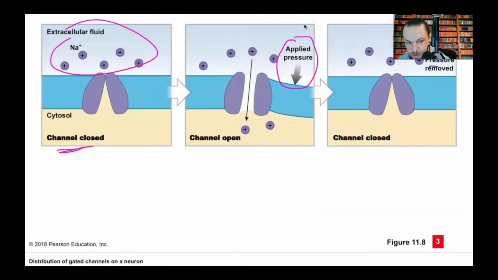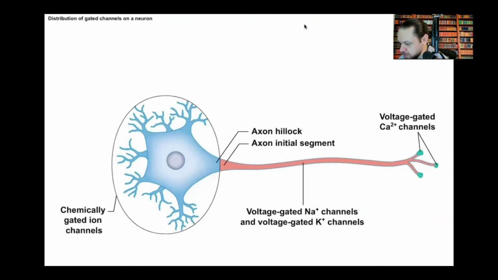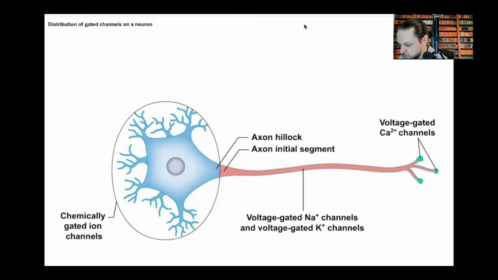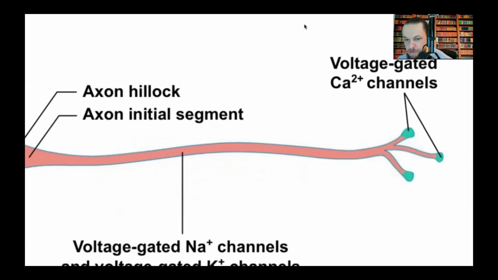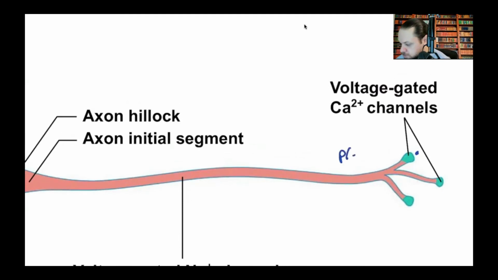Usually they're leaky channels. The next thing we talked about was the distribution of channels in the neuron. This was more particular when we spoke about calcium mediated exocytosis. Remember I said for the muscles, calcium voltage gated channels came here. What action did calcium do specifically for the presynaptic cell? What does calcium do on the presynaptic cell for the muscle?